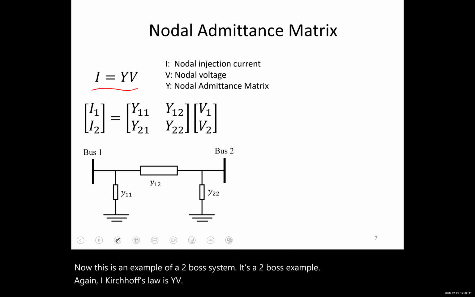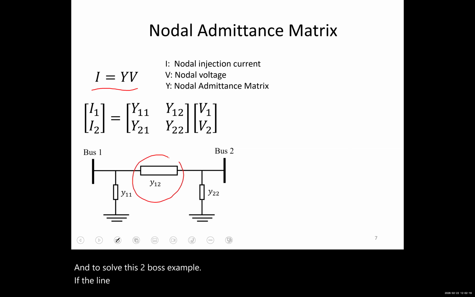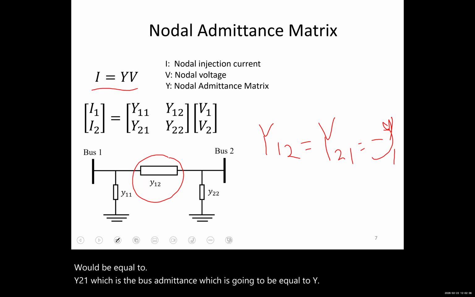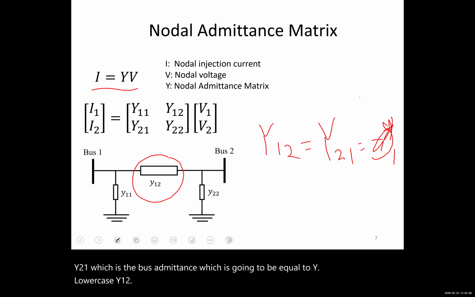And to solve this 2-bus example, if the line admittance is y12, then Y12 would be equal to Y21, which is the bus admittance, and that is going to be equal to negative lowercase y12.